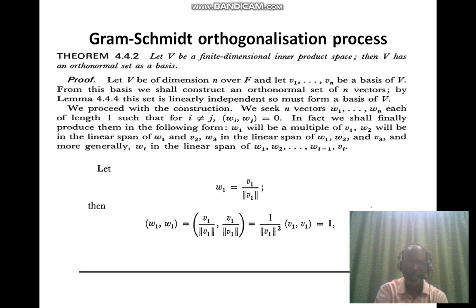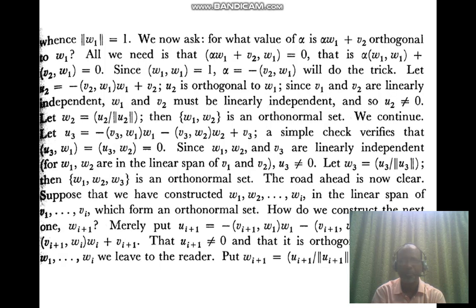By taking the inner product, we can identify that the inner product (w1, w1) is 1. Normally, if you divide a vector by its norm, it becomes a unit vector. So now it is very clear that w1 is a unit vector. Now go for the next construction. I want to find w2.